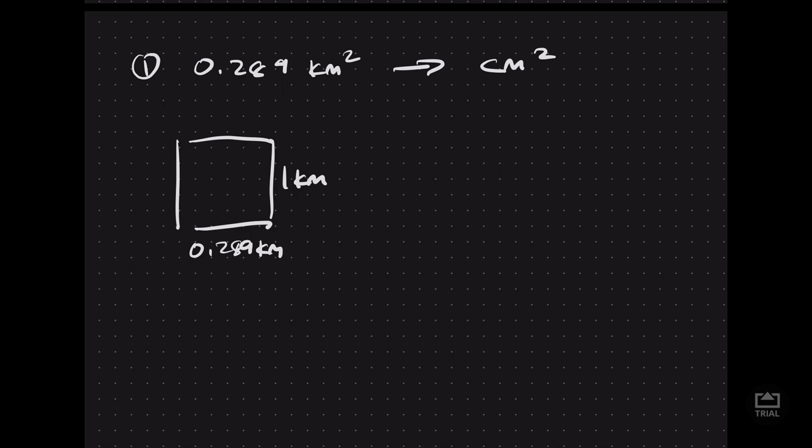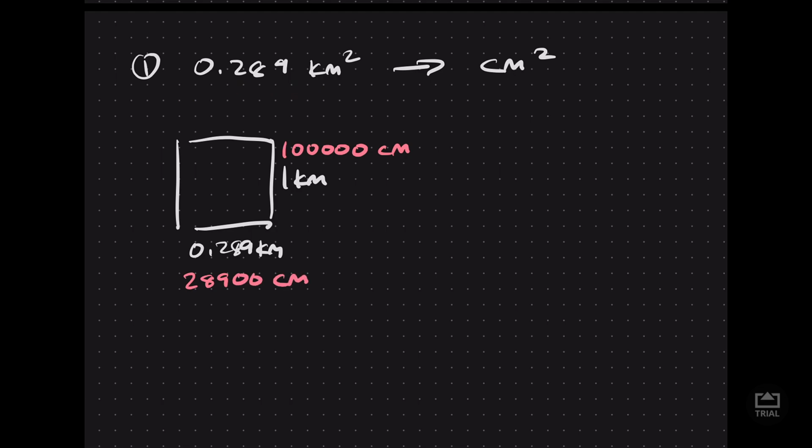So if I was to convert kilometers to centimeters, 1 kilometer is equal to 100,000 centimeters, and 0.289 kilometers is equal to 28,900 centimeters.